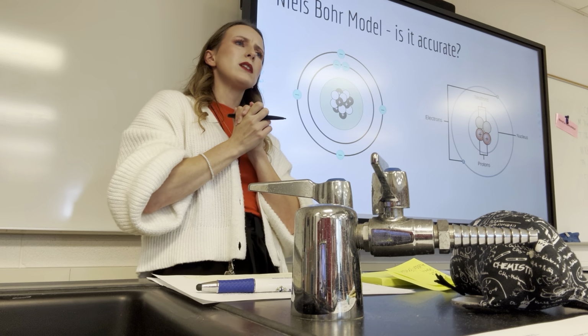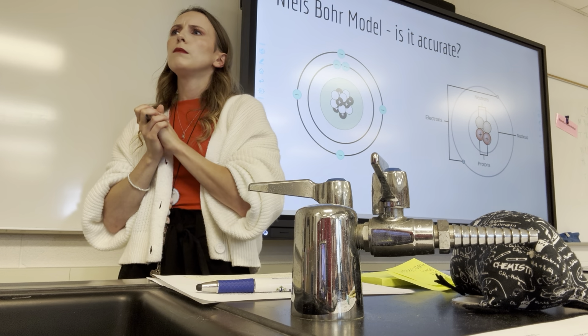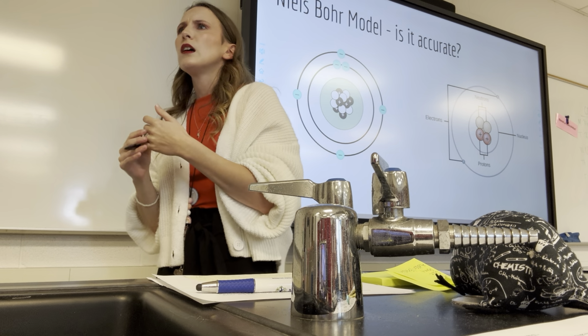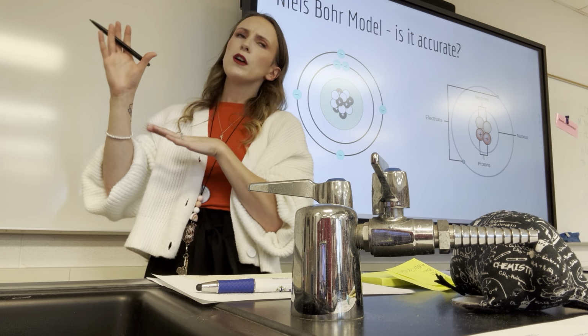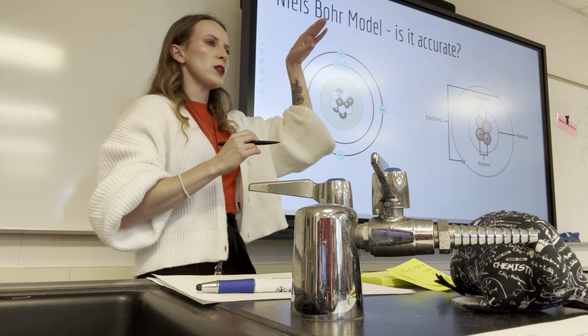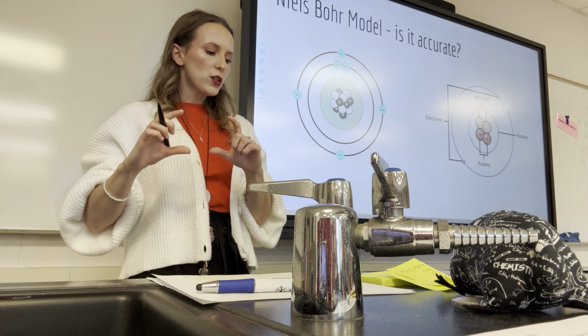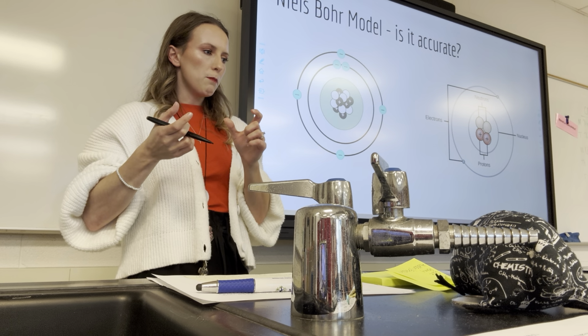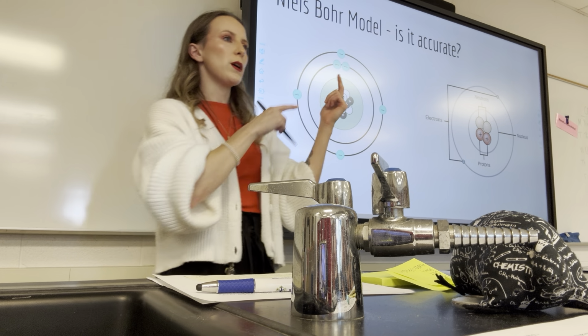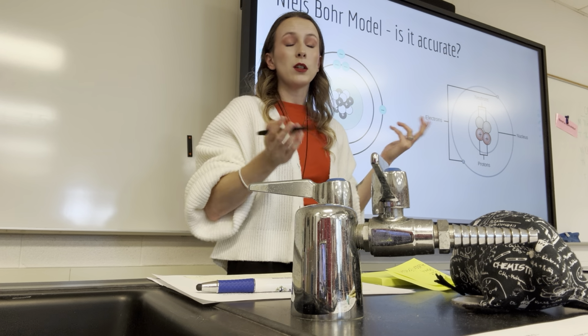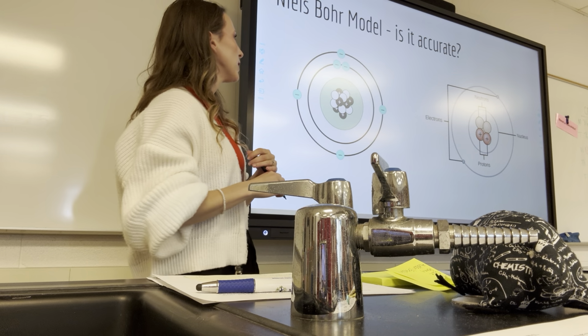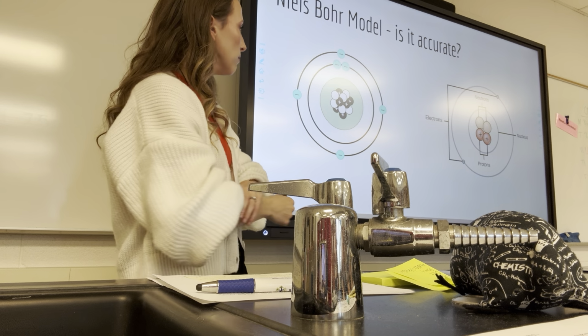Something kind of cool about this model is if you Google really any element, it'll give you all its information, but in the bottom corner, there's actually a 3D model of the Bohr model that you can flip around and see. It's actually pretty cool. I played around with it a little bit before putting together this lesson.